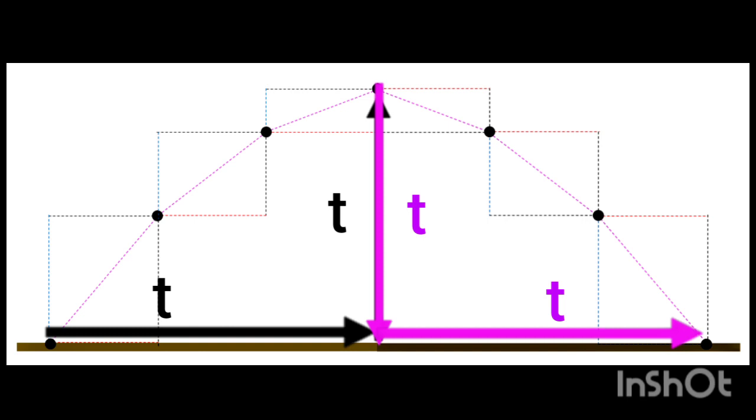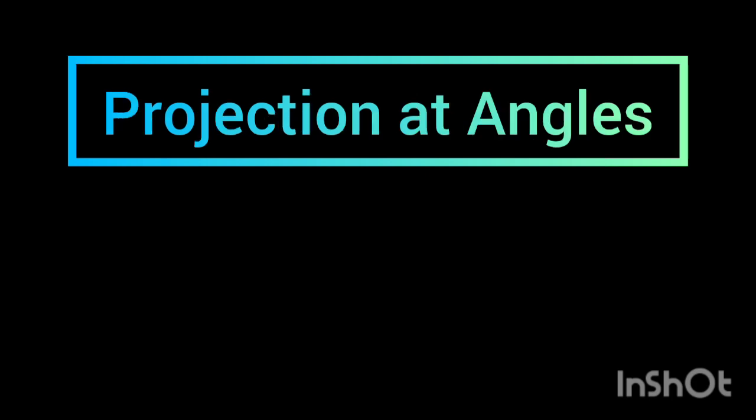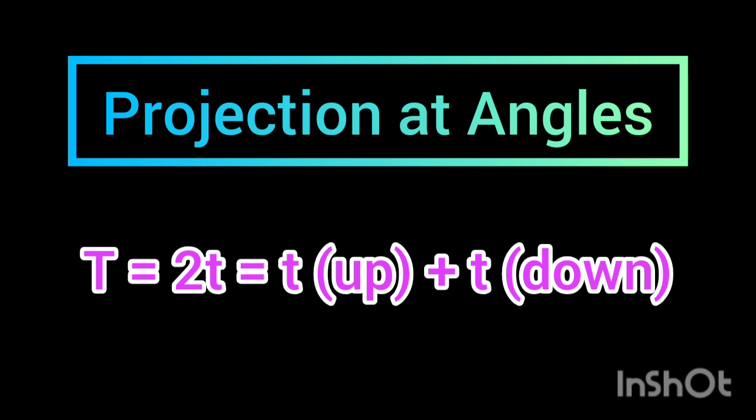Thus, the projectile's time of flight in the horizontal projection is equal to the time it took to cover the downward displacement, while the time of flight of the projectile launched at an angle is the total time it took to move up, reaching the maximum height, and down where it lands.